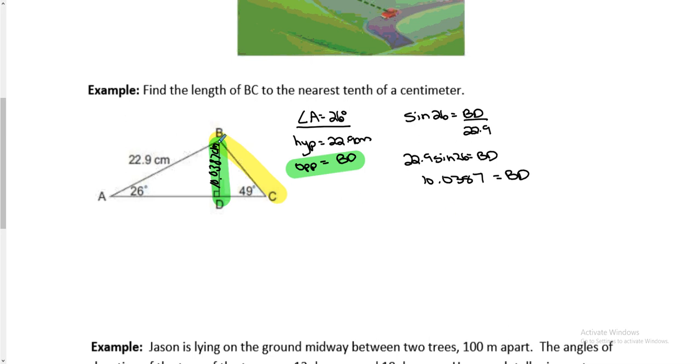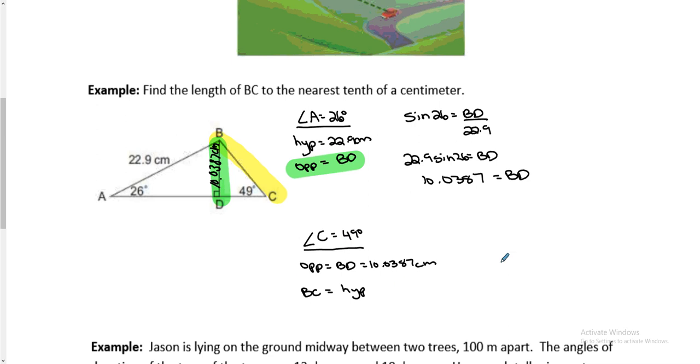Now what we need to do is take this value and calculate here. So if we look at angle C, which is equal to 49 degrees, our opposite is BD, which is also 10.0387 centimeters. And we need to find BC, which is the hypotenuse in this case.